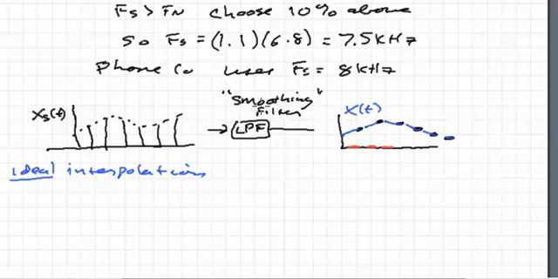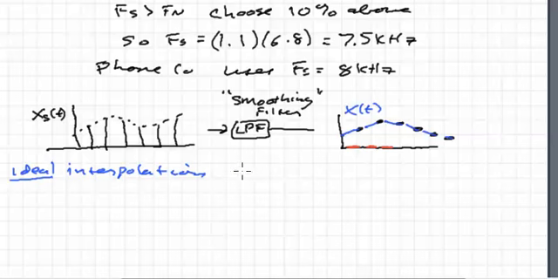So using an ideal low-pass filter, we exactly recreate this information between samples, which is actually kind of miraculous if you think about it. We never measured those, and yet we can fill in the gaps exactly. All right. So exact reconstruction. This is called ideal interpolation. This low-pass filter is the ideal interpolation filter.